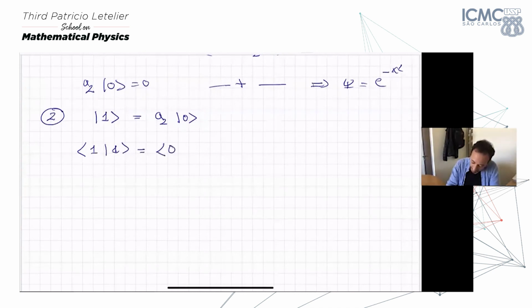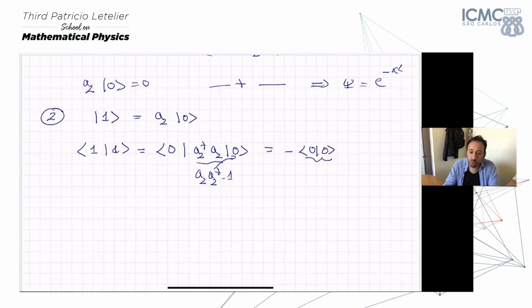Well, it's 0, A2 DAG, A2, 0. Using the commutation, this is A2 DAG minus 1. So A2 DAG over 0 should be 0, and it gives me minus 0, 0. First, this is not normalizable, but let's suppose that we manage to normalize it in some way. What I get is a norm which is negative. And this is why we call it a ghost.